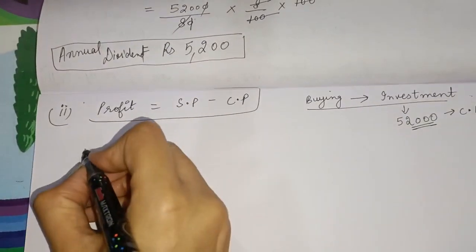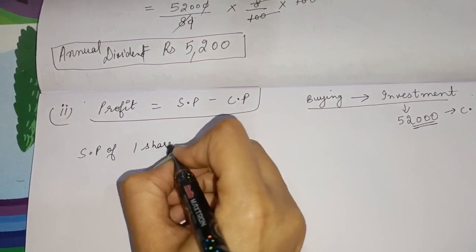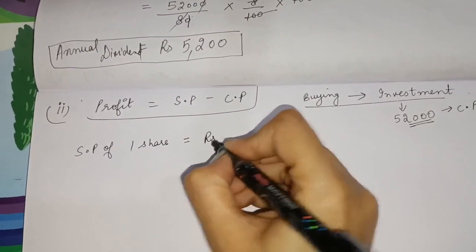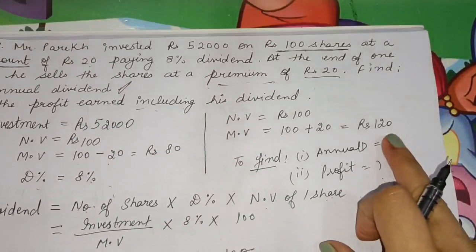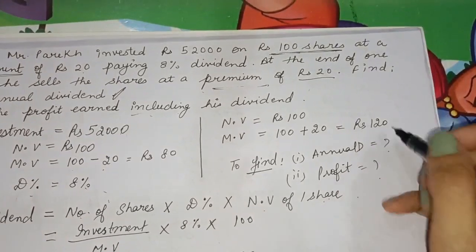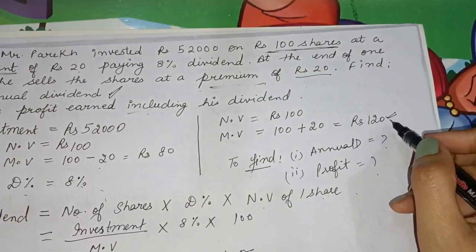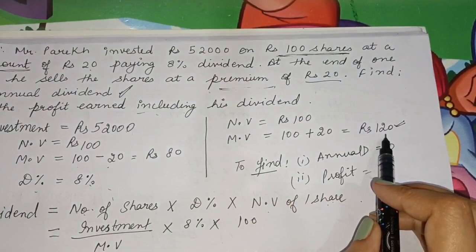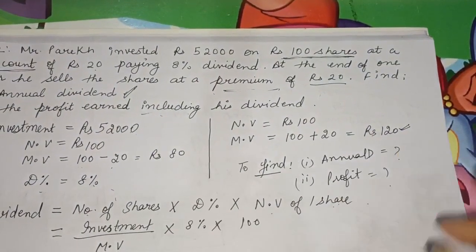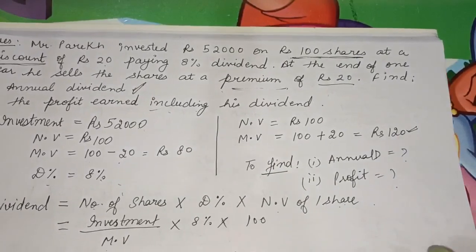So what is the selling price of one share? Selling price of one share is equal to rupees 120, because that person sold the shares when the market value became 120. At that time only he sold. That means the selling price of one share is equal to 120, which is our market value, because at this price the share is being sold.